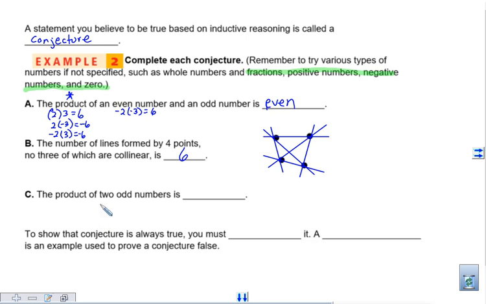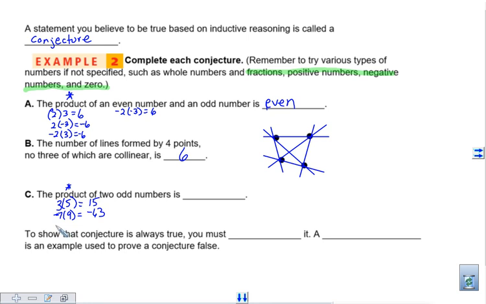Next one, the product of 2 odd numbers is what? So product means we're multiplying, and we need 2 odd numbers. So 3 and 5 is 15. Then we need to check negatives. So -7 and +9 is -63.